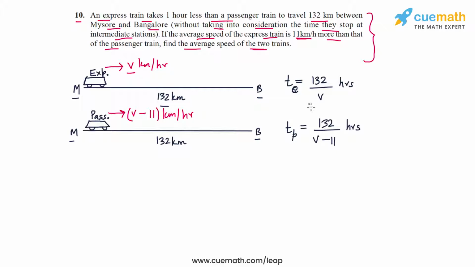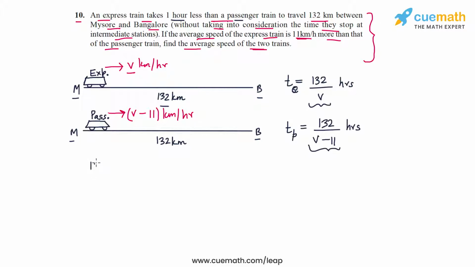So this is the time the express train takes, and this is the time the passenger train takes, and we know that the express train takes 1 hour less than the passenger train. So this information can now be used to write an equation in v.